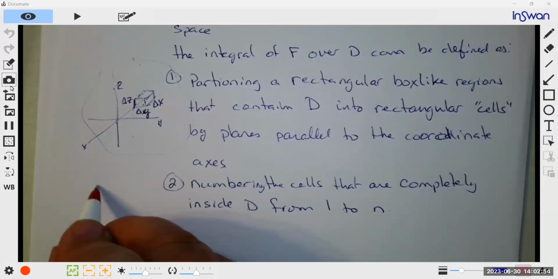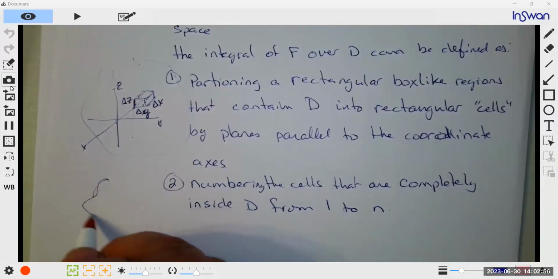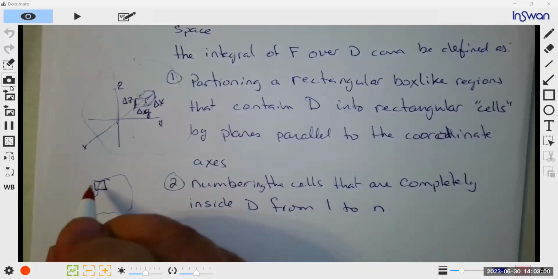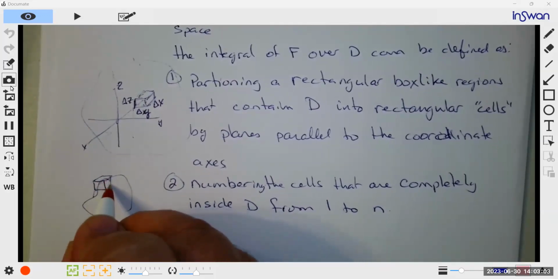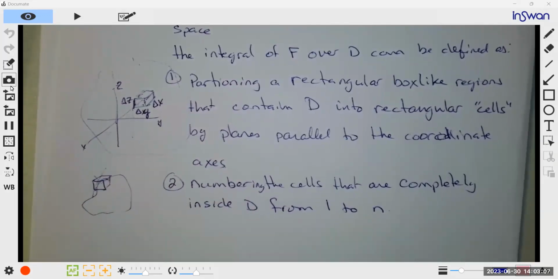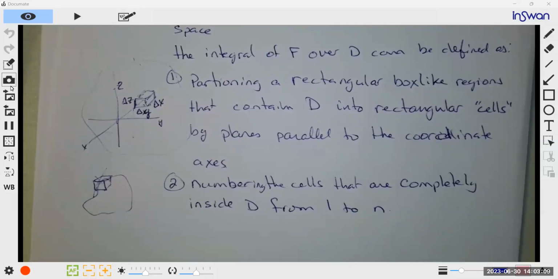In other words, if we have part of the space that looks like this, and we have a box that looks like this, we can't use it because part of that box is outside that shape.